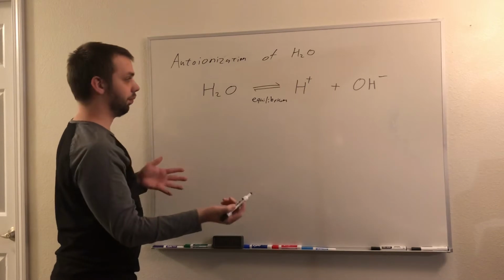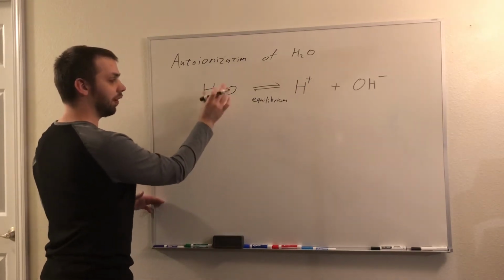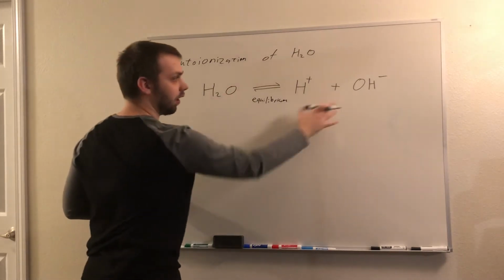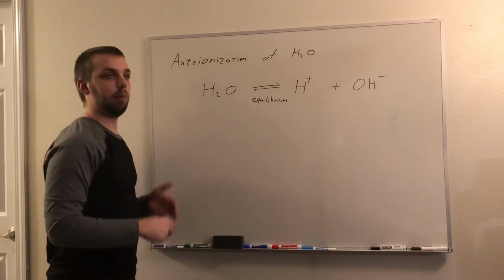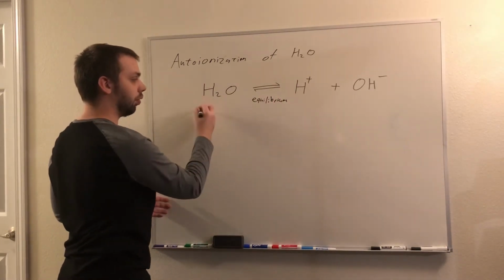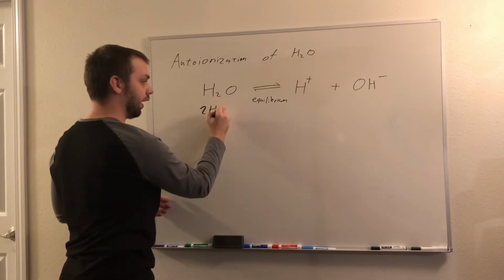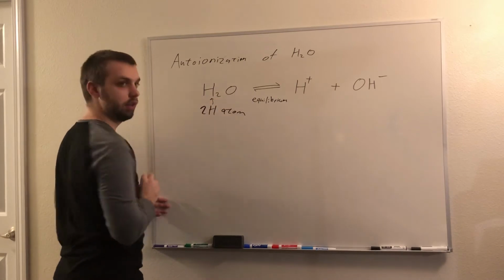So the main takeaway from this is that on this side over here, we have a water molecule. And on this side over here, we created two new molecules. But if you look, it's made from the same stuff that was already over here. So over here we have two hydrogen atoms, right there, right?